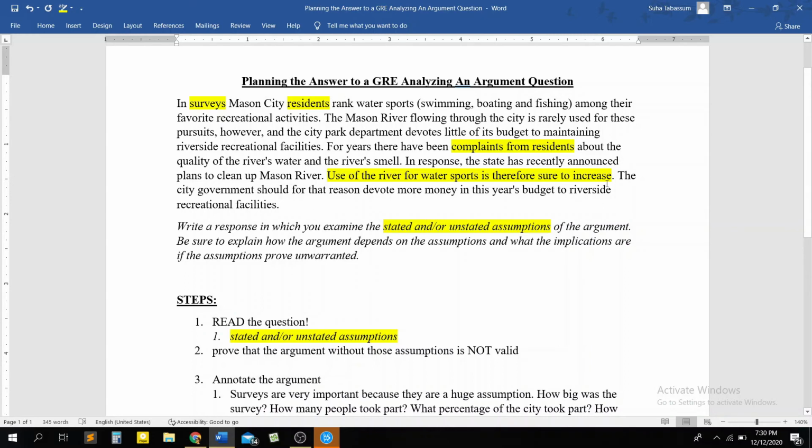Finally, we have the next sentence. The city government should therefore, for that reason, devote more money in this year's budget to riverside recreational facilities. So the conclusion of their argument was that the government should give more money to the budget for these sporting activities.